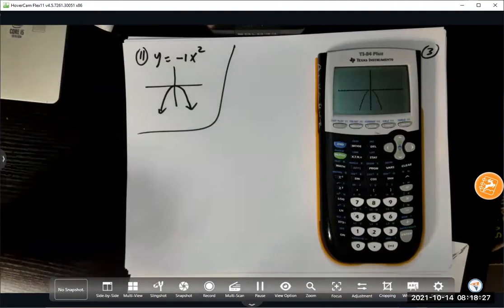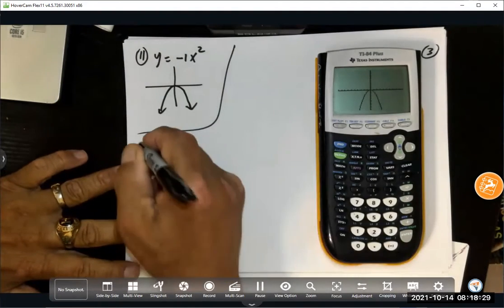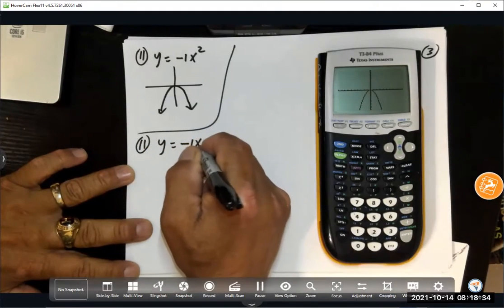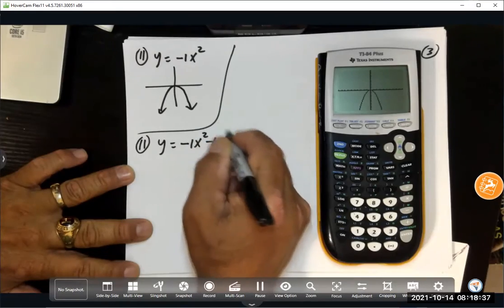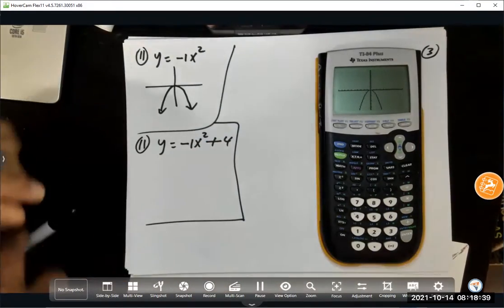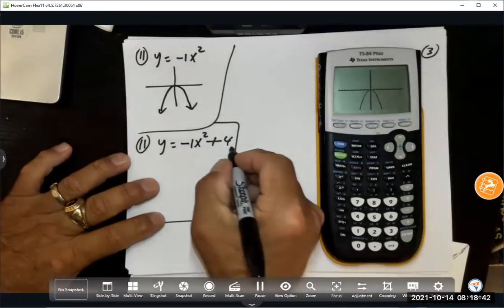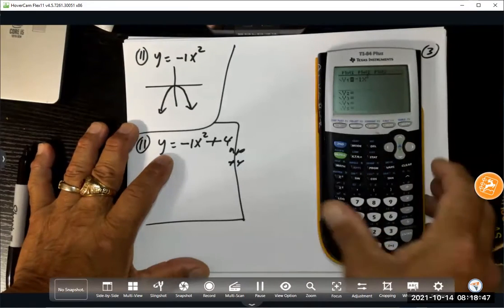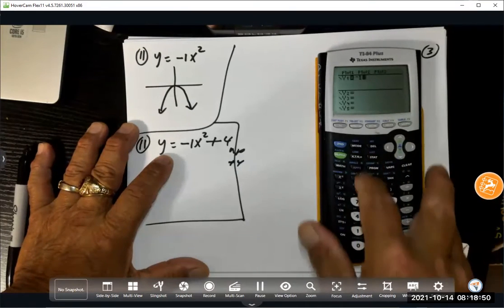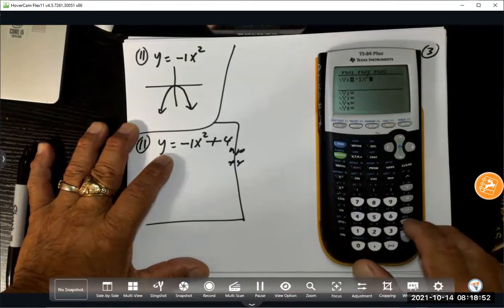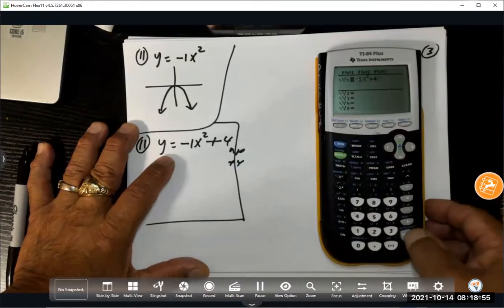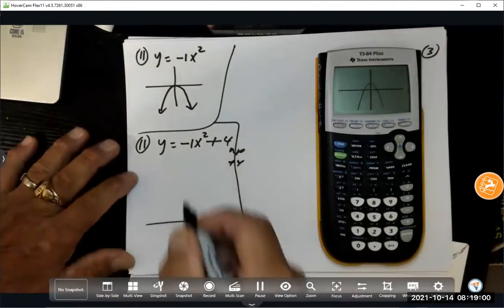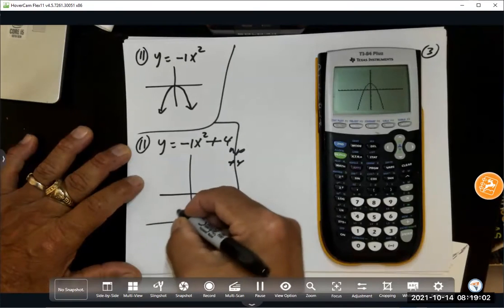Does that make sense? So now, number 11 again, if I say -1x squared plus the 4, it's still going to be upside down, but it's going to get pushed up a little bit. It's going to go up, +4. So y clear, -1x squared plus 4. Hit graph. So it's still upside down, but it's up here somewhere.